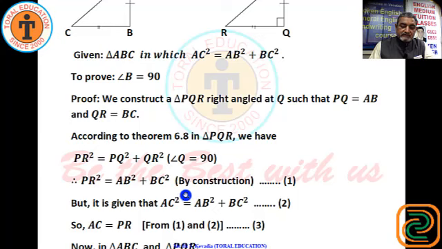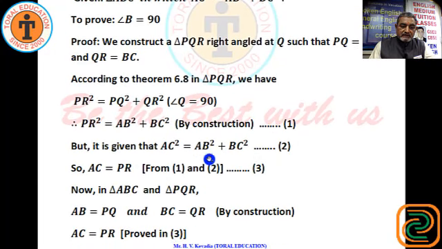Why? Because if PR square equals AB square plus BC square and AC square equals AB square plus BC square, then PR square equals AC square. Then if we take the square root of both, we get AC equals PR. What does this mean?